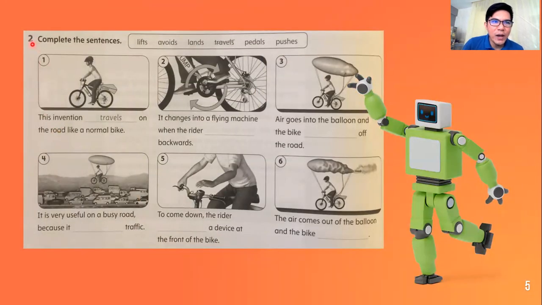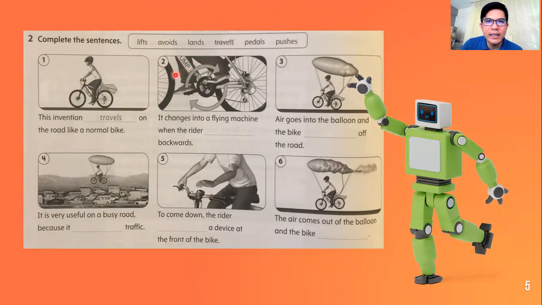This time, you have to complete the sentences using the words inside the box. I will read for you. Lips, avoids, lands, travels, pedals, pushes. So these are verbs, and 1 is given as your example.